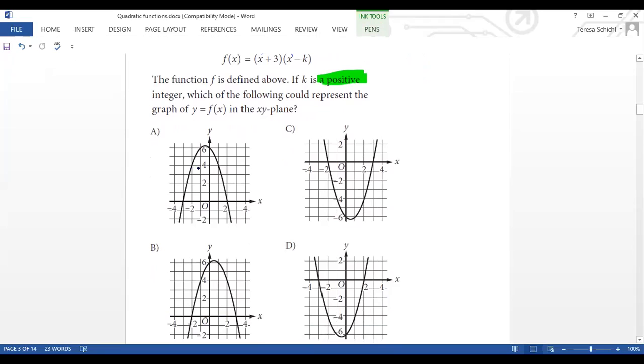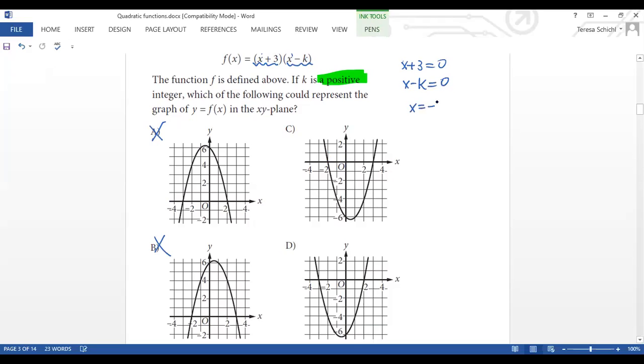So I know this one cannot be, this one cannot be. All right, now I also look at where they intersect the x-axis. Remember, for the x-axis, you set each factor equal to 0. So you set x plus 3 equal to 0 and x minus k equal to 0.